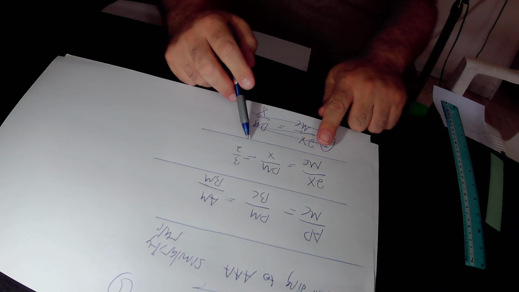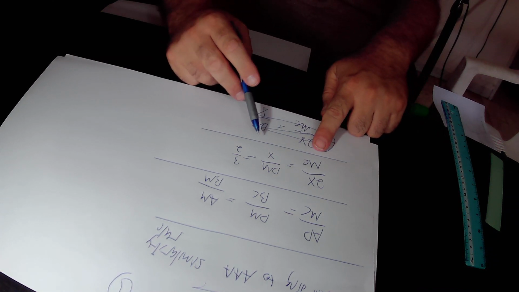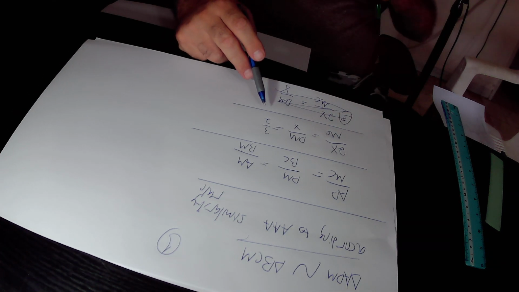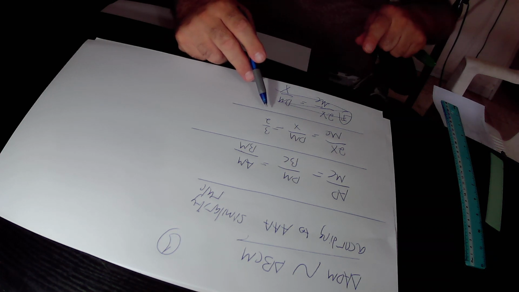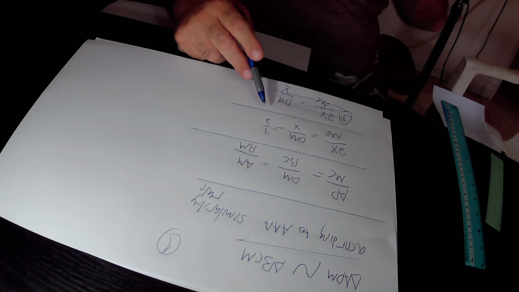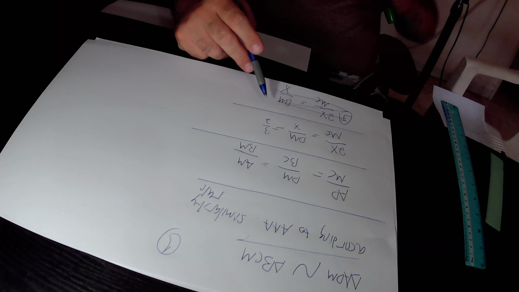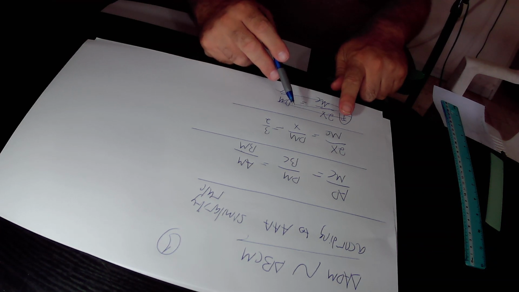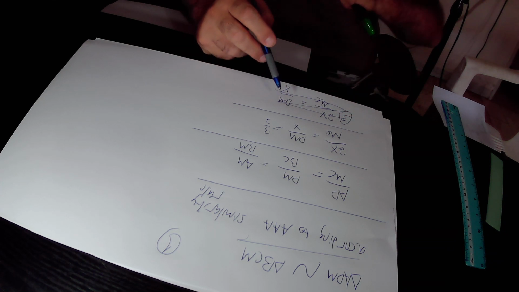According to equation 1, 2x over MC equals 3/2. Because we have to find the value of x, we have to compare something that is missing to a number. Otherwise, if we have too many variables, we will not be able to find the value of x.